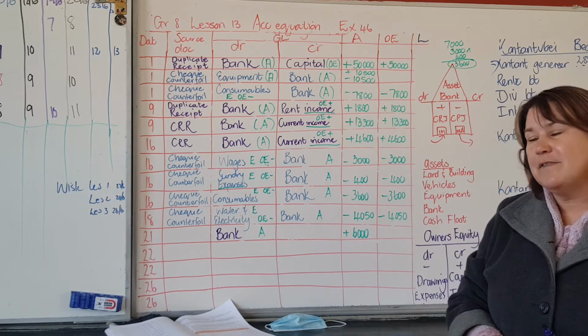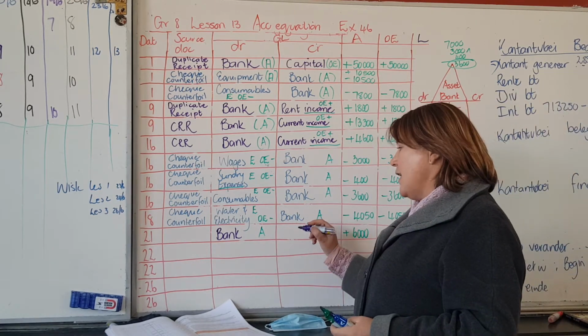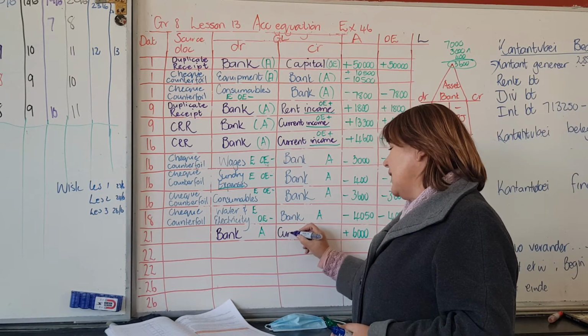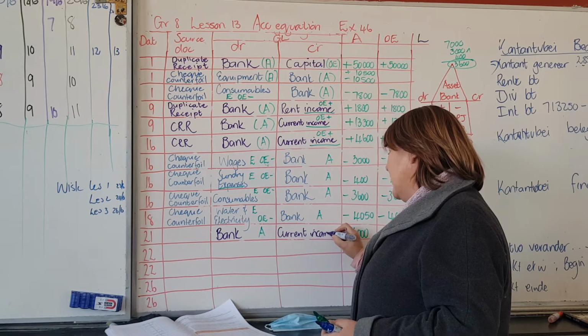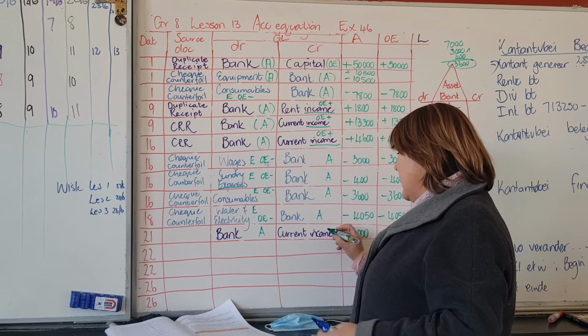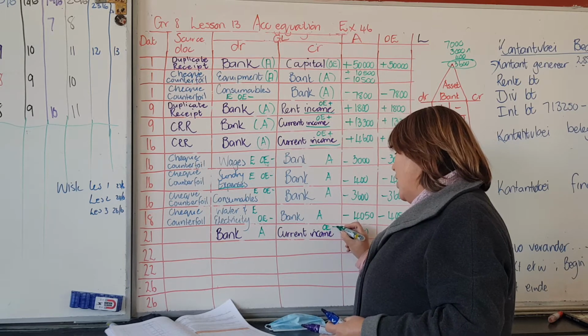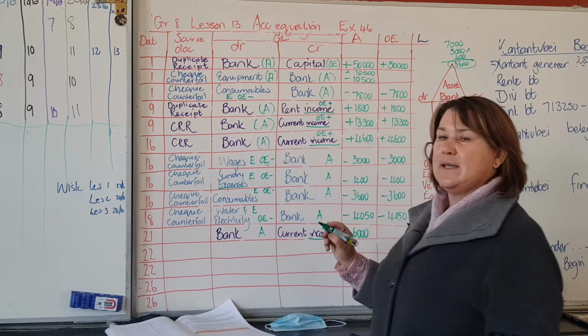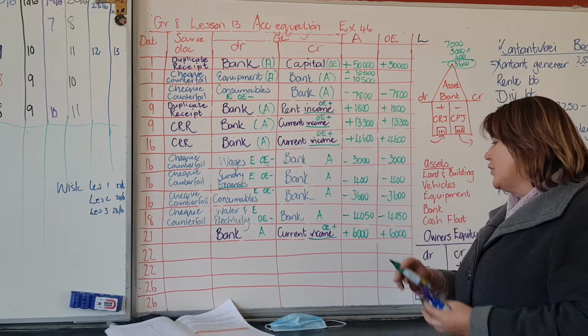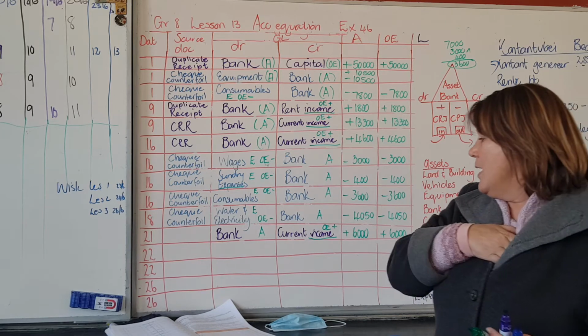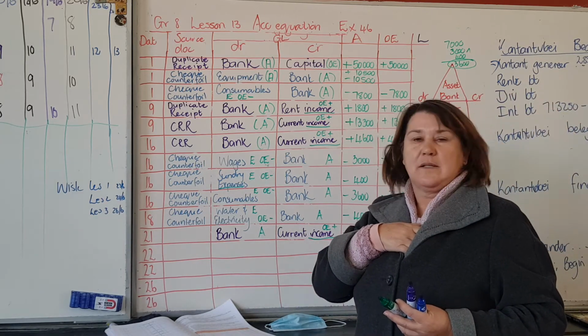How come you received money? For service rendered, that is current income. And current income is an income, and an income increases your owner's equity. What are you going to give to this client?